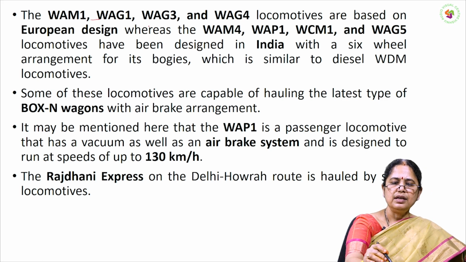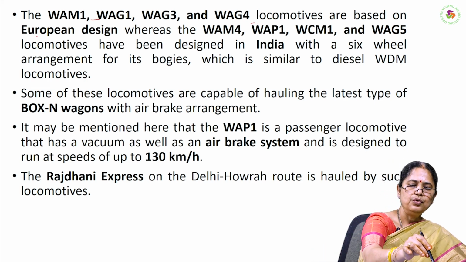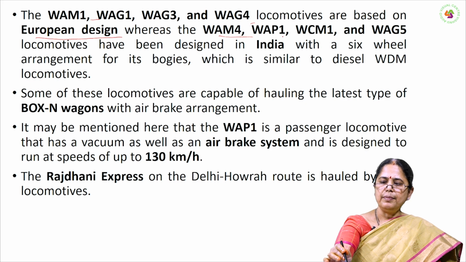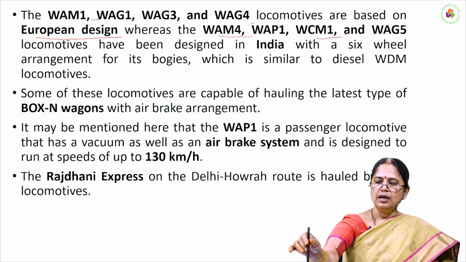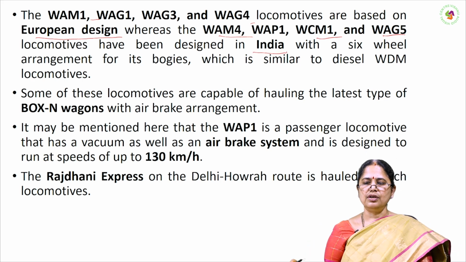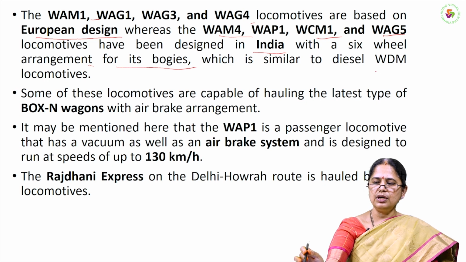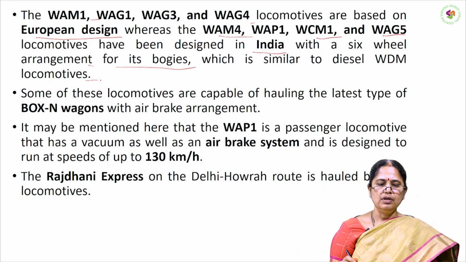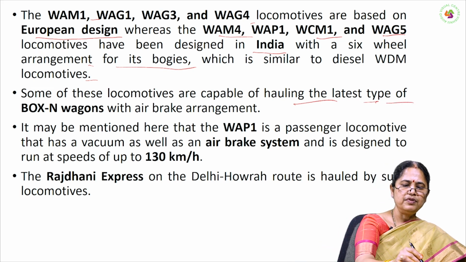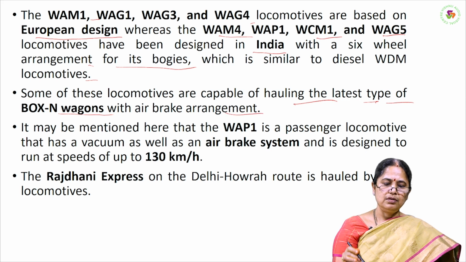WAM1, WAG1, WAG3, WAG4 are locomotives based on European design, whereas WAM4, WAP1, WAG5 locomotives are designed as per the Indian design with 6-wheel arrangement for bogies, which is similar to the diesel WDM locomotives. Some of these locomotives are capable of hauling the latest type of box wagons with the air brake arrangement.